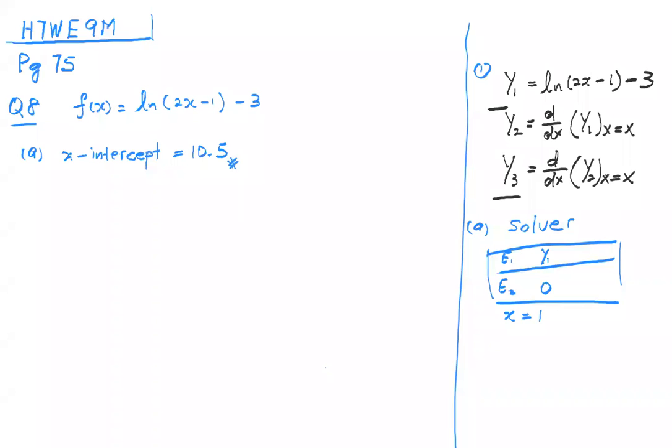Now, I want to explain certain thing. There is something that happened to the other class when I taught them how to use numerical solver. So I will explain why this becomes like that.